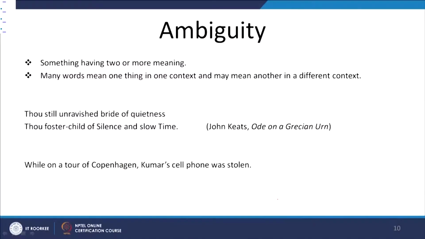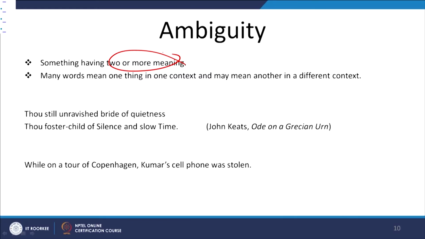By ambiguity we mean a word may have two or more meanings, fine. There are many words which may appear to have one meaning in one context, but in another context they may have a different meaning.